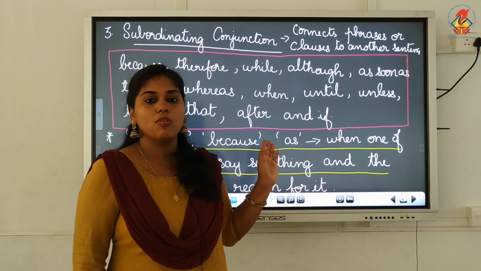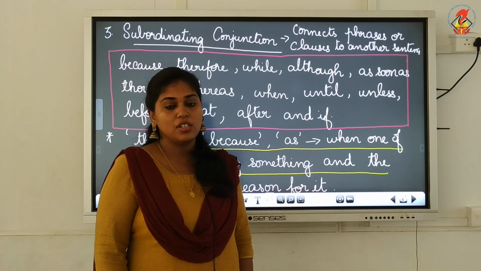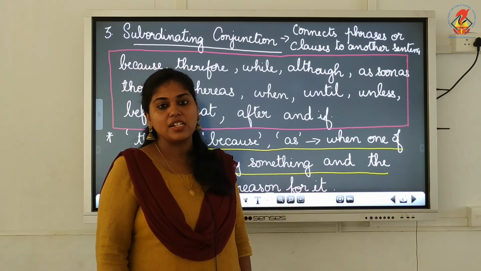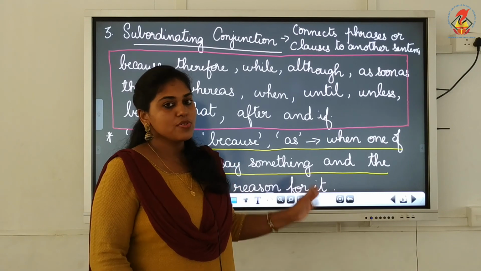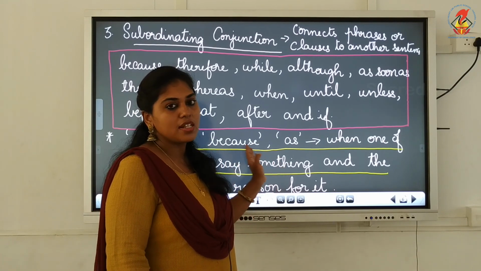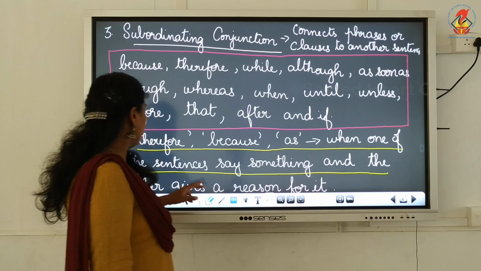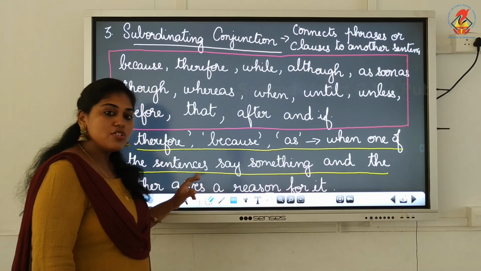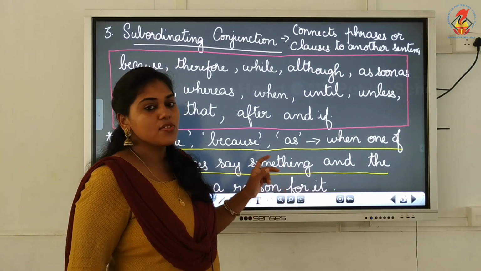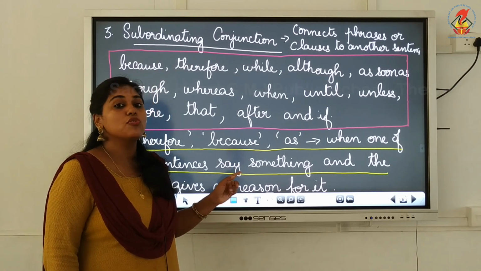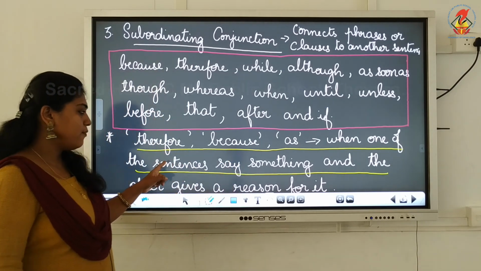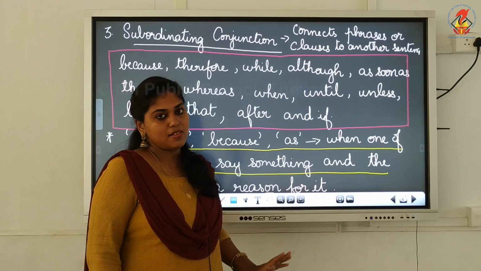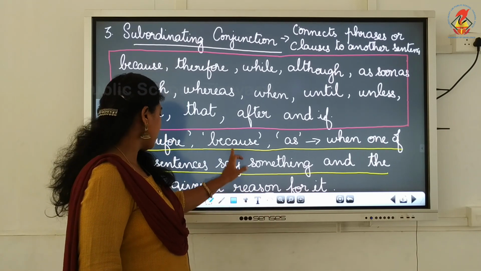These are the common conjunctions that you use in your question answers, right children? So which are the conjunctions that we use in order to give a reason? Therefore, because, as. Okay, let's look at the examples of that.